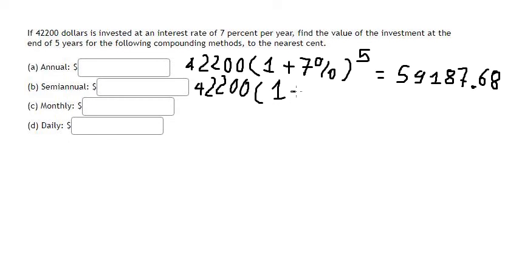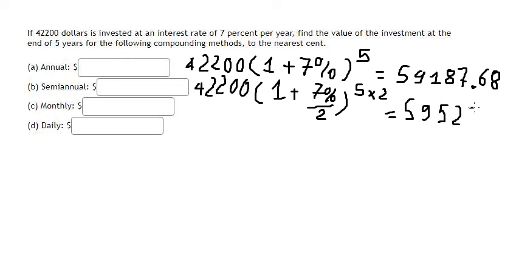We put about 7%. We divide by 2. And now about the years in here, we have 5 multiplied by number 2. And we have 55,527.27.